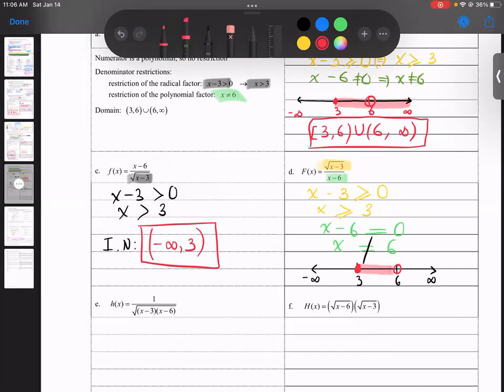So I'm going to skip the 6 and then move on to the right of 6 all the way to infinity. Okay. So as you can see, the one we highlighted in red, your final answer will be bracket 3, comma, all the way to 6, parenthesis to indicate that we don't include 6, union 6 to infinity.